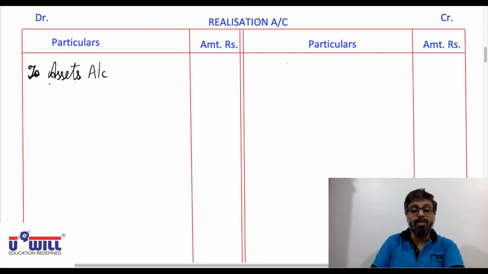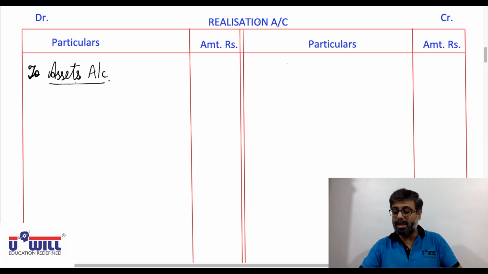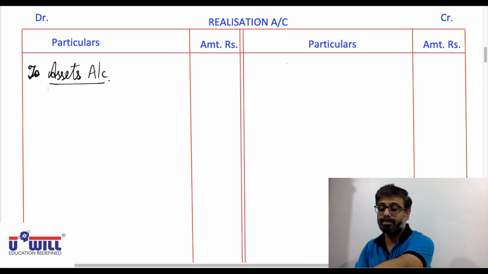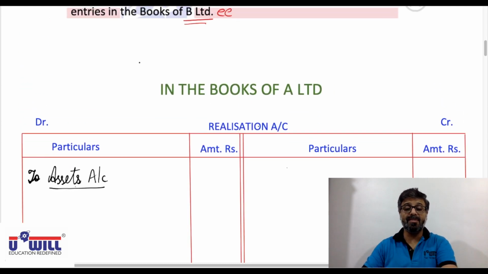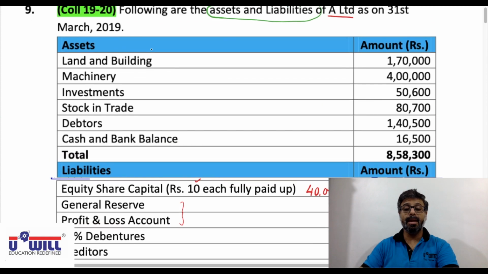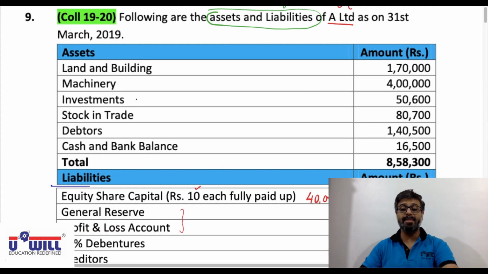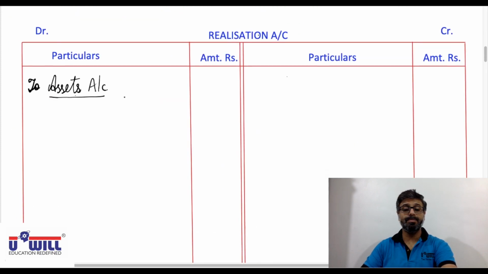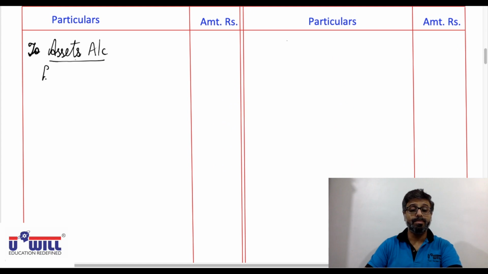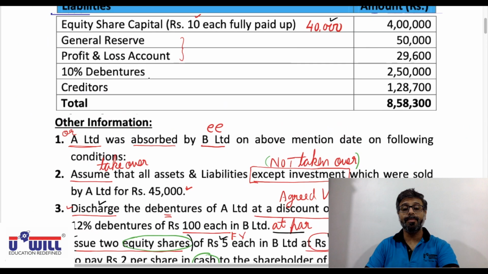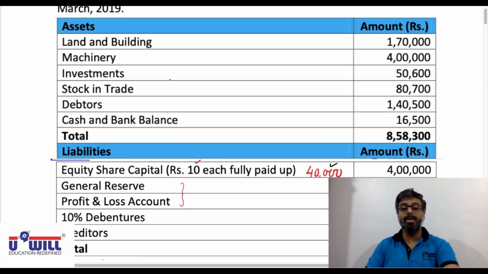All the assets from the balance sheet will be closed. In that, you can see the first asset is land and building with 1,70,000. After that, machinery with 4 lakhs.